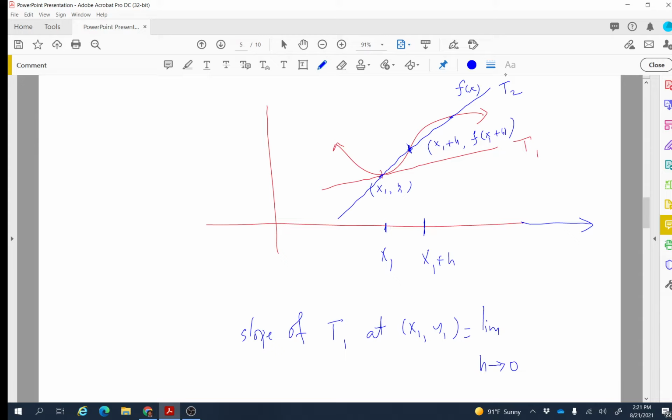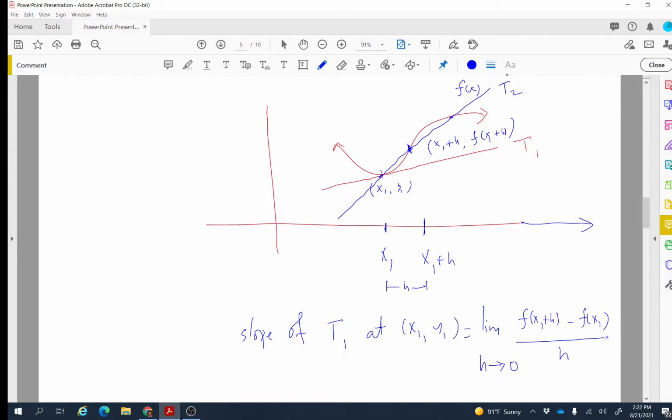So how do I write it? The slope of the line T2 is actually the difference between the y values over the difference between the x values. As you can see, the difference between the x values of these 2 points, x1 and x1 plus h, is h. So I can write h here.